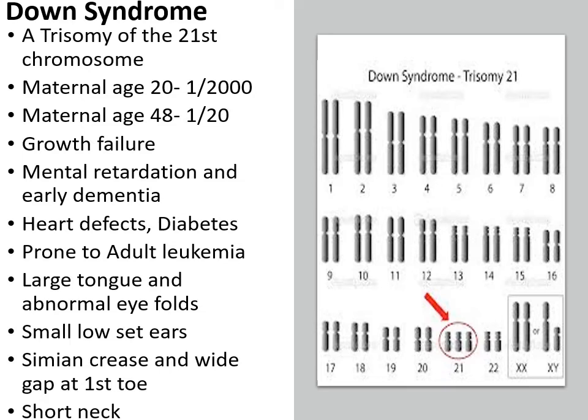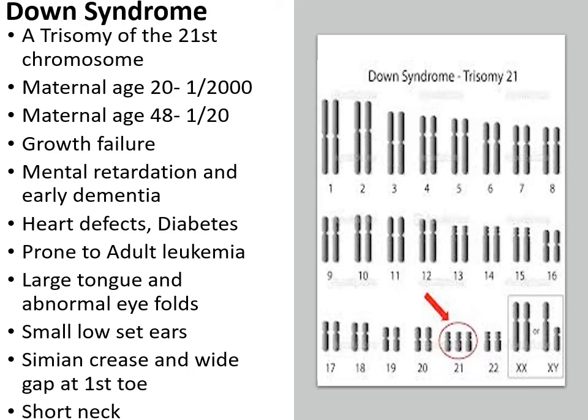So even though the chance per pregnancy is very low, they're having many, many more children. So overall, Down syndrome will still, in terms of sheer numbers, be from younger women. Okay, I hope that makes sense.